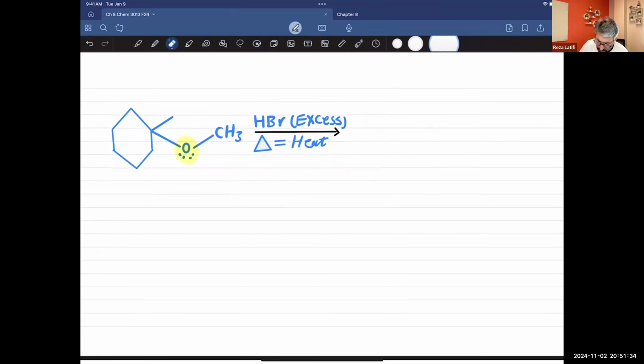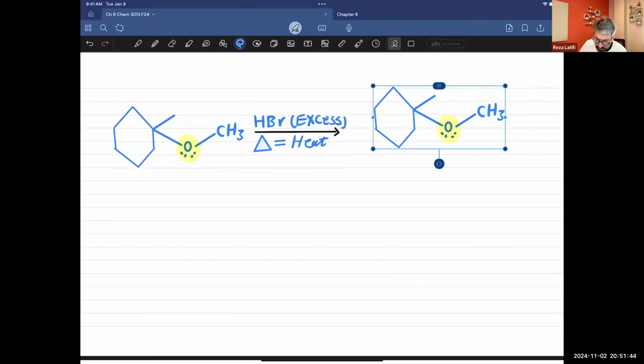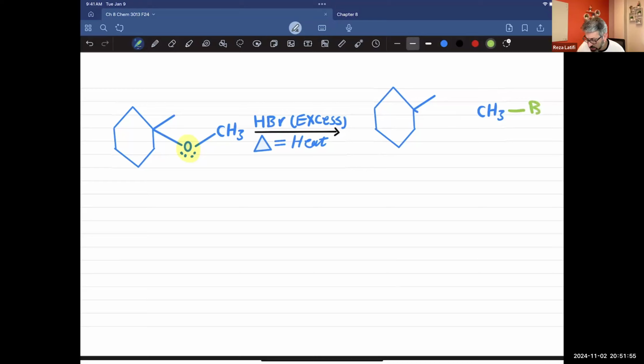We're going to take this compound, and we will erase the oxygen atom. So let's erase the oxygen atom from both sides. Then we will have bromide attached to both of them. So that's going to be the final product when you have excess acid. Okay. And this is going to be the end of this lecture, and thank you very much.